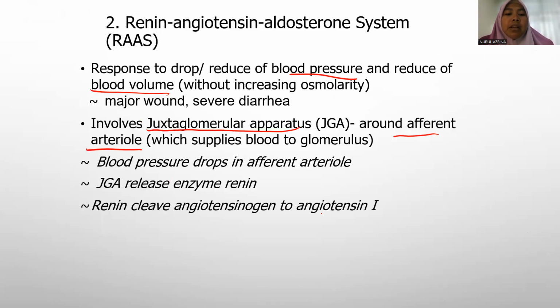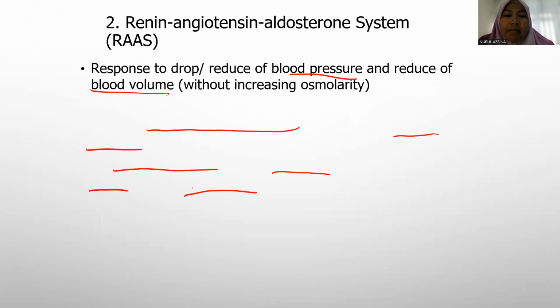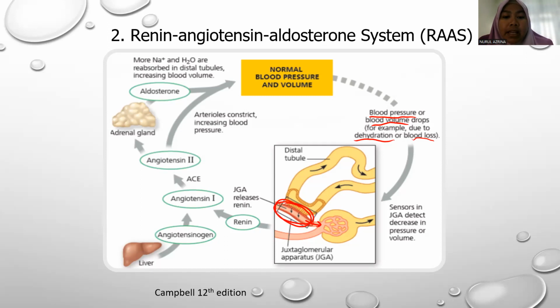For example, when there is a drop of blood pressure at the afferent arteriole, it will be detected by the JGA, and thus the JGA will release the enzyme renin. You can see a drop in blood pressure or blood volume. Sensors in the JGA detect the decrease in the pressure and also in the volume, and release renin.